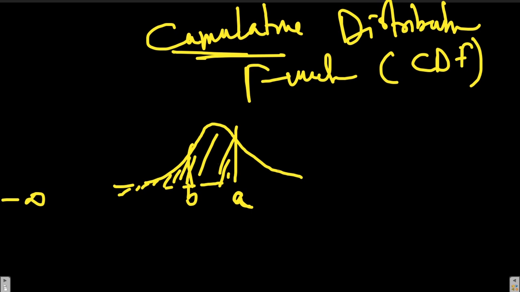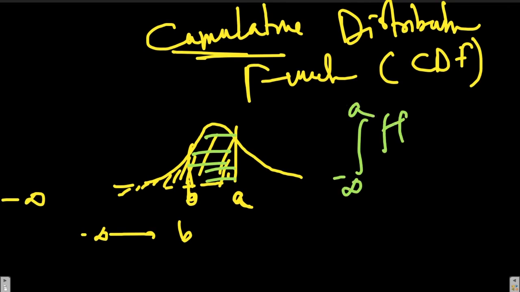Whereas if you want to estimate the area under the curve up to the point B, you take minus infinity to B. Now, what do you do when you have to get the area between A and B? It's simple. You take the integral from minus infinity to A of f(x) dx, and subtract the integral from minus infinity to B of f(x) dx.